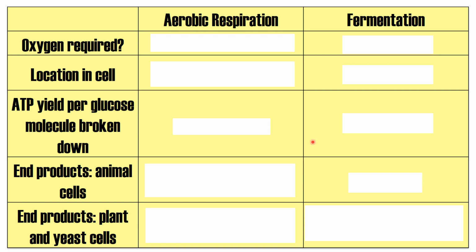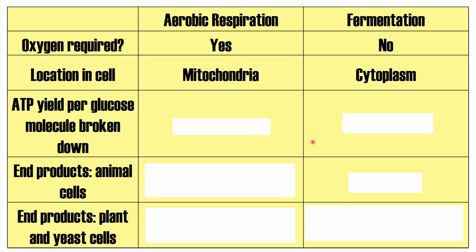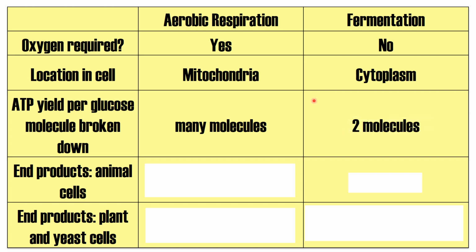So first of all, aerobic respiration, oxygen is required. Fermentation, oxygen is not required. Aerobic respiration occurs in the mitochondria, whereas fermentation, no oxygen, that's occurring in the cytoplasm. For aerobic respiration, you're going to get many molecules of ATP. For fermentation, you're only going to get the 2.